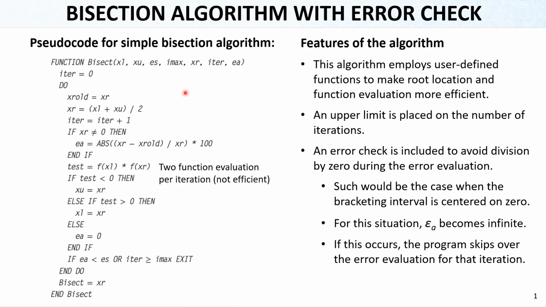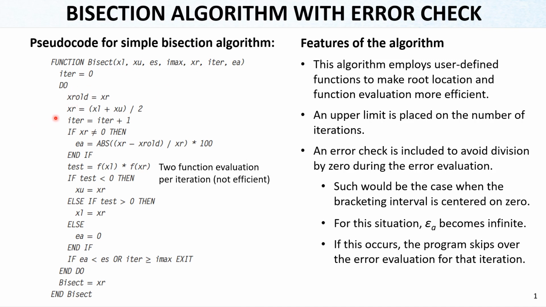approximated error. So here what we do is we call this function at each iteration. That's why we have this XR and iter values as inputs here. Basically, we determine an XR based on XL and XU simply by dividing by 2 the summation of these, and we set it to XR old.